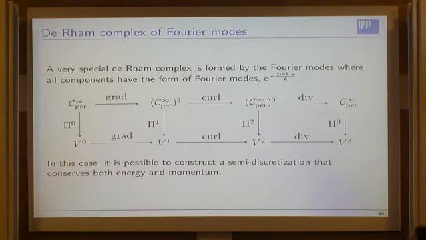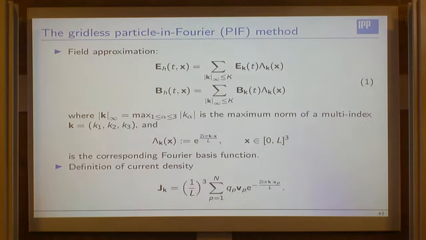And the nice thing about this complex is that all the components of the different spaces are all Fourier modes, so they look the same. And in that way, it's possible to have very many conservation properties. Of course, we have spectral accuracy, so all these advantages.